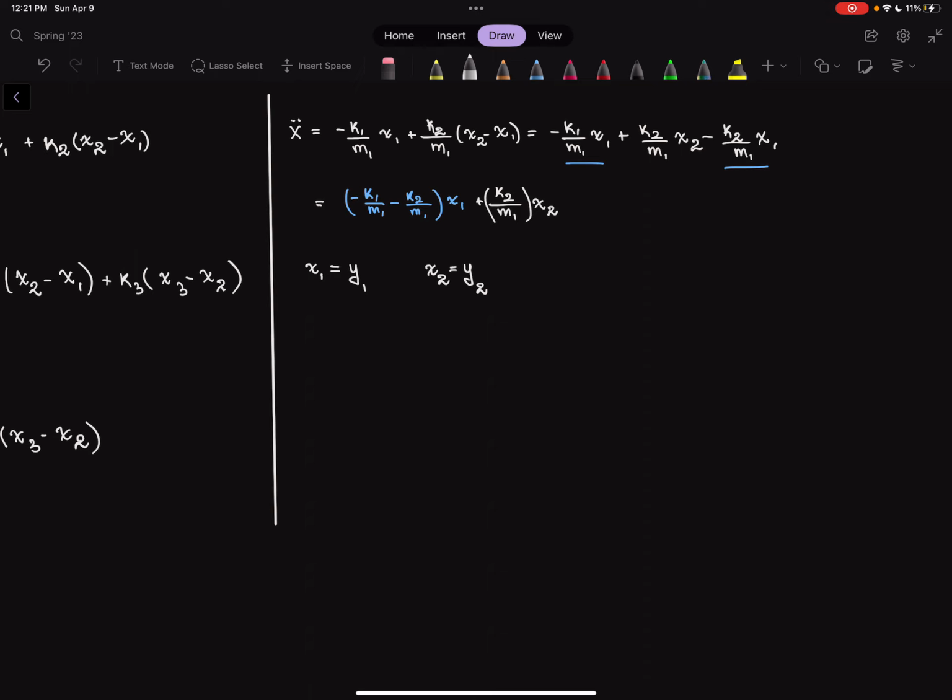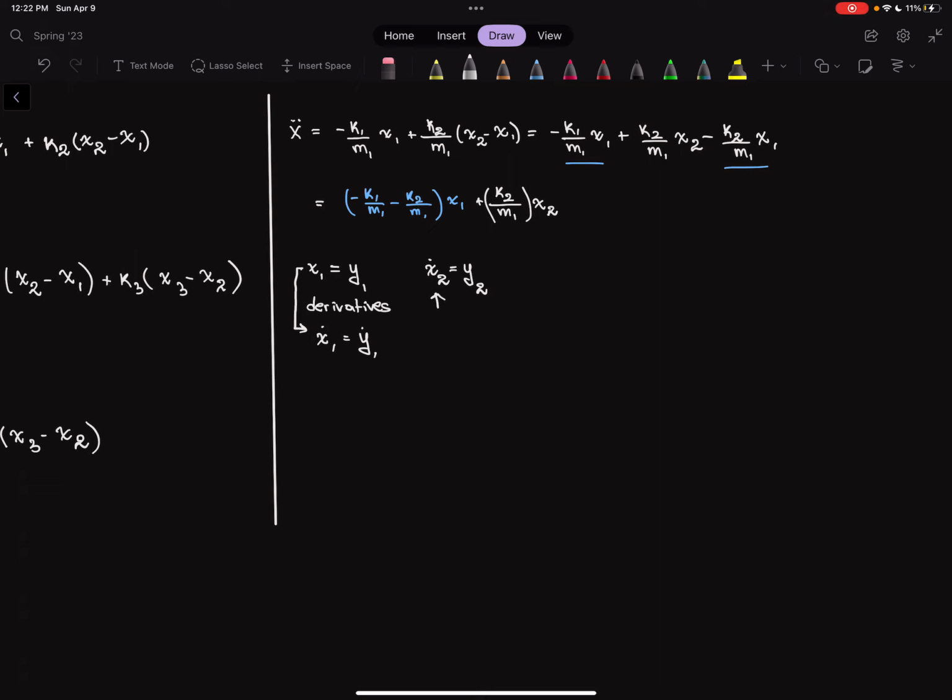Okay, so now we redefine what x is, and I want to take the derivative of these two. So here, derivatives, and we're going to get x1 dot is equal to y1 dot, and here I made a mistake.